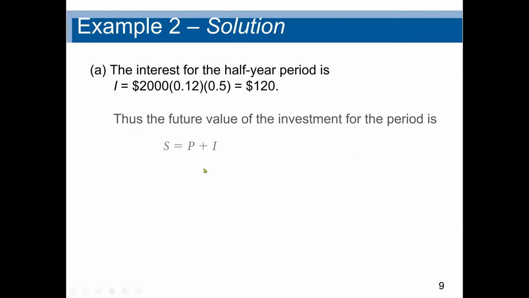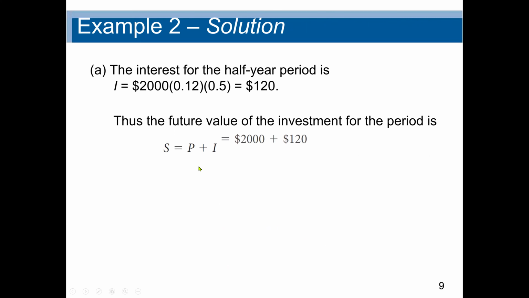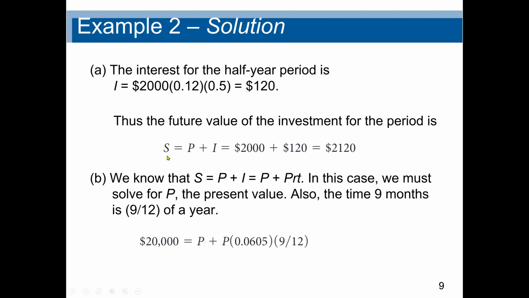We can find this by first writing the formula for the future amount: S equals P plus I. But in order to find I, we use P times R times T. So we have the S value, 20,000, which is equal to P, what we are looking for, the principal amount.